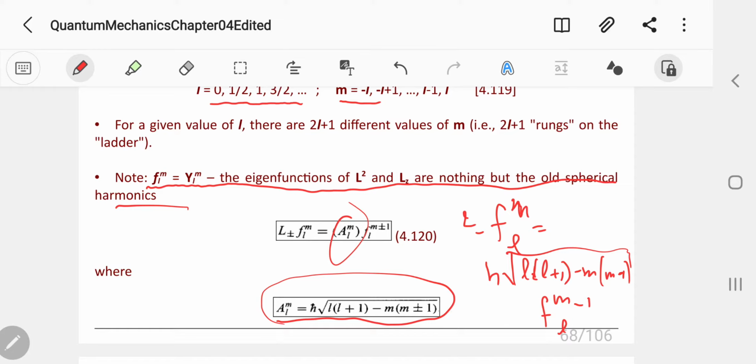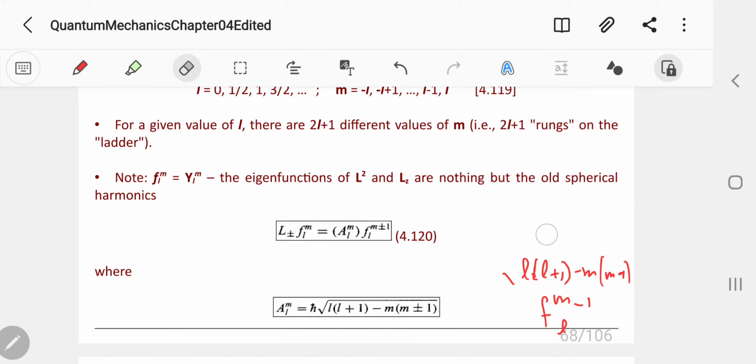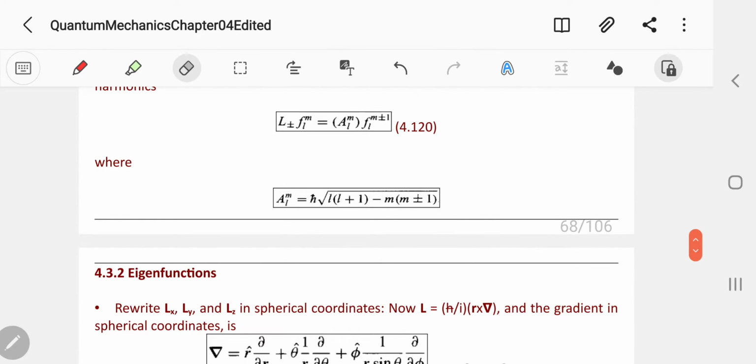So it lowers the state, but it only lowers the m quantum number. The L quantum number is not affected. And of course, if you do L plus, then m would just be raised by 1.